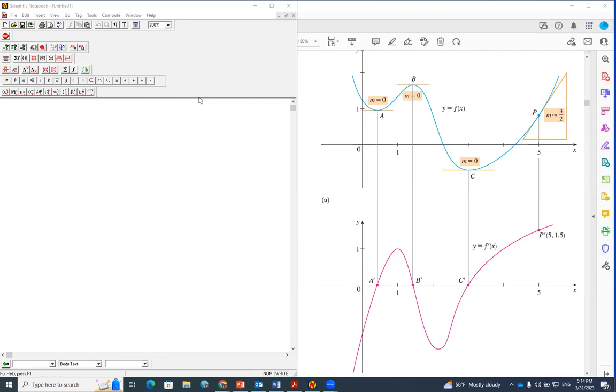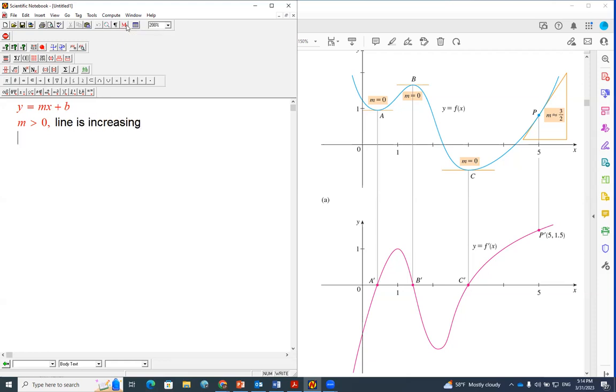Well, how do we see the relationship between a function and its derivative? First, we understand from our previous studies, when we have mx plus b, this is a line equation. When the slope is positive, the line is increasing.